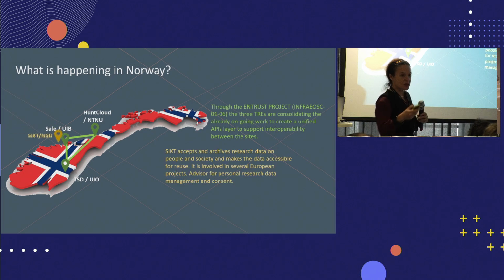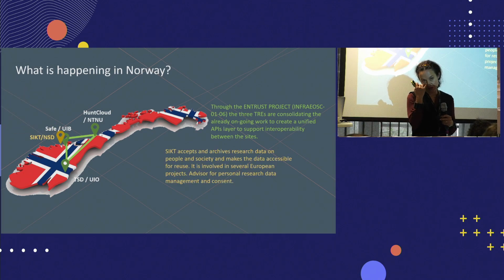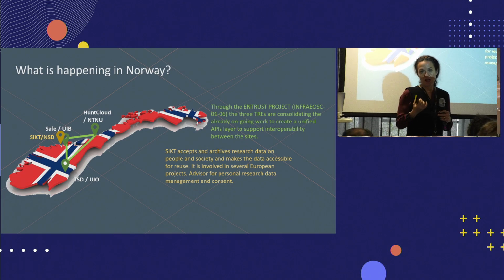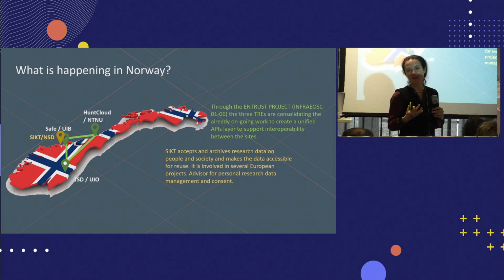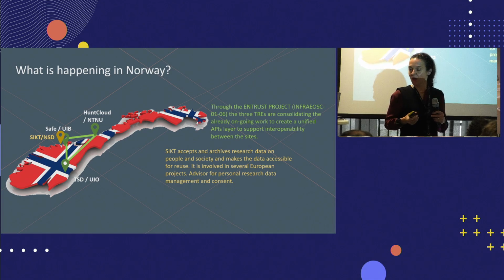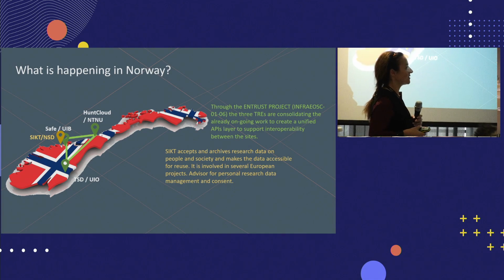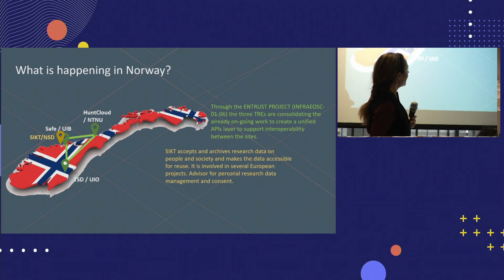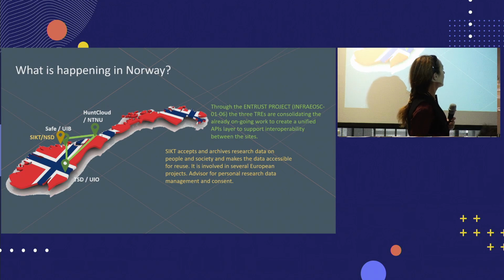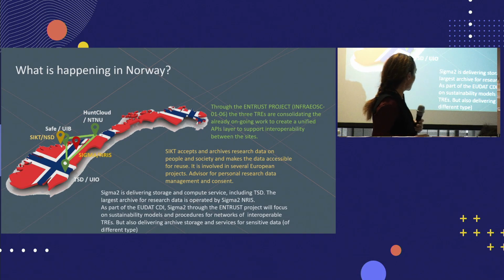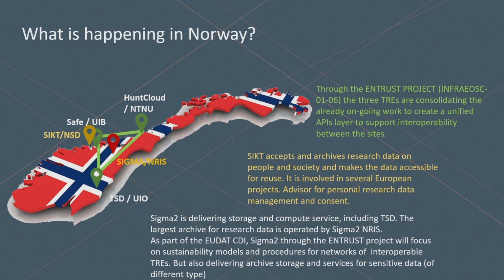But we have also sought out the social science databases, which host research data from the social sciences, similar to what we have been hearing from the Netherlands. Same type of data, and they have the knowledge to handle authorization mechanisms. And Sigma2 is the national provider of massive research infrastructure.